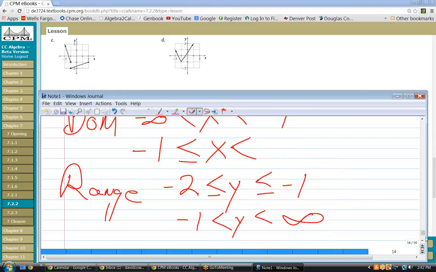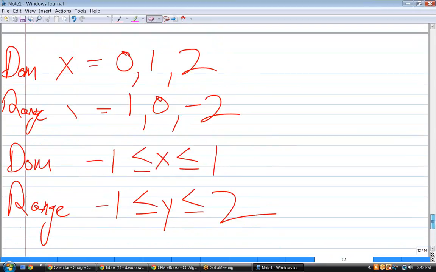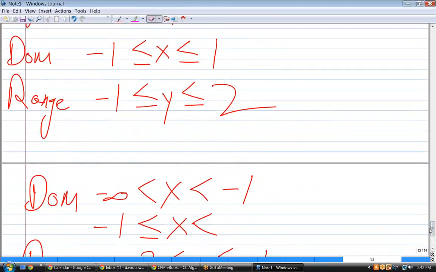Well, let's talk about each of these in interval notation. Let's go back to this one right here. In interval notation, this is bracket -1, comma 1, another bracket. Okay?